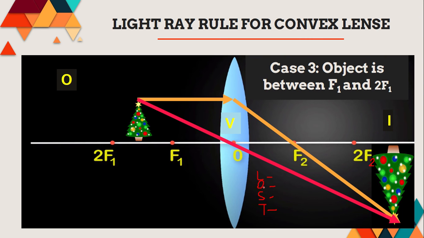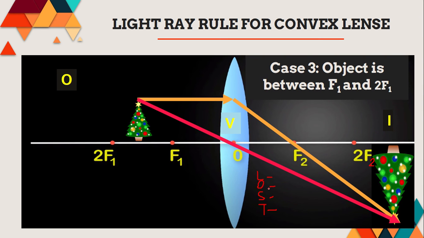Ano yung kanyang orientation? Is it inverted or upright? Alright, inverted pa din. Anong kanyang size? Is it reduce, enlarge, or same size? Okay, very good. That is enlarge. How about type? Anong kanyang type? Is it virtual or real? Okay, real.